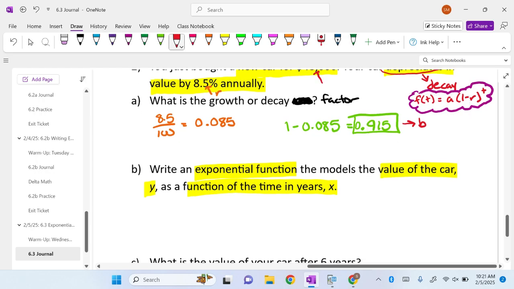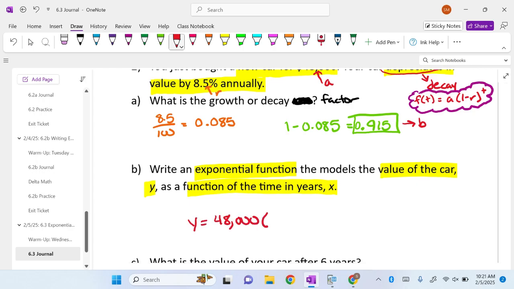So 48,000 is my A value. So I would have y equals 48,000 times 0.915, the value we got from the previous question, all raised to the x power.